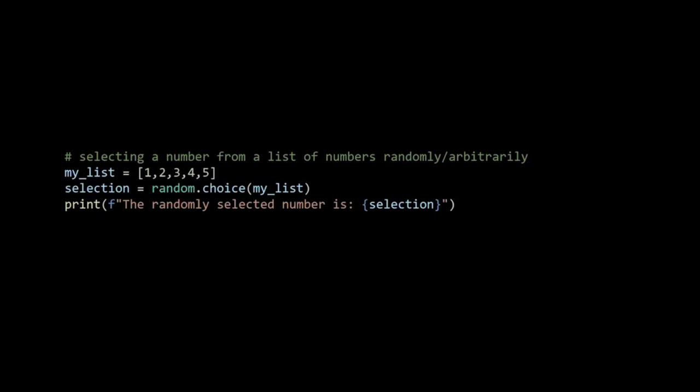Under the selection variable, we are using the function choice. Choice is an inbuilt function within the random library, and under this function we are giving our list, my_list. In the next step, we are printing the output which is given by the function choice.